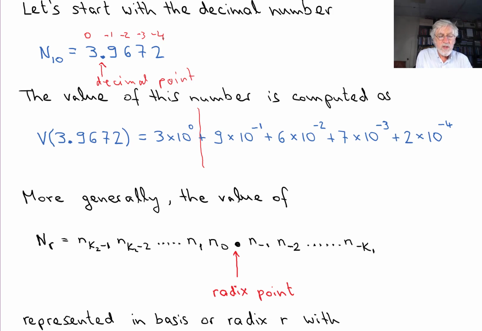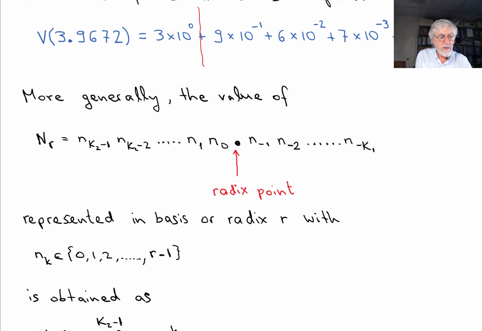And more generally, we can say that a number representation with respect to a basis or radix r, n sub r here, with digits n sub capital K2 minus 1, n sub capital K2 minus 2, and so forth, down to n1 and n0, and then the radix point, and then n sub minus 1, n sub minus 2, all the way down to n sub minus capital K1.